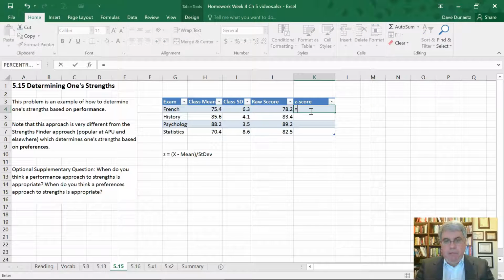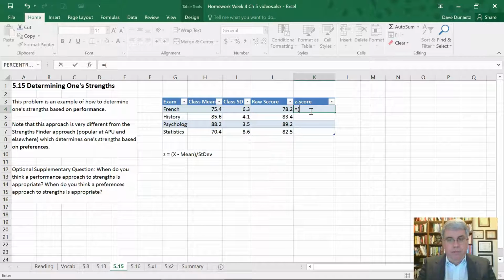So here, I will put Excel formula equals, and then open parentheses, x is going to be J4, that's her raw score, minus the class mean, which is H4, divided by the class standard deviation, which is I4.